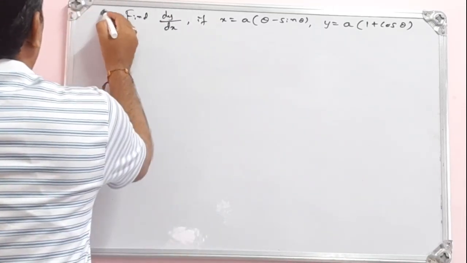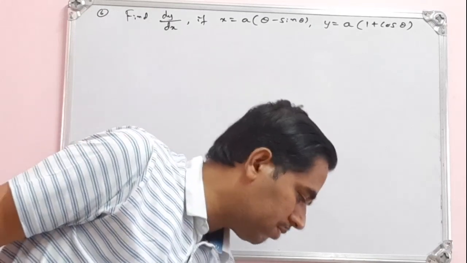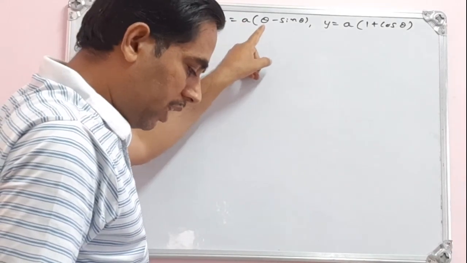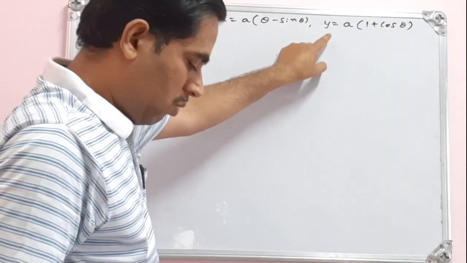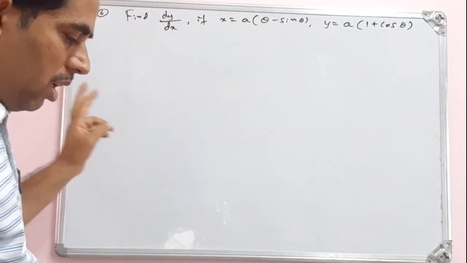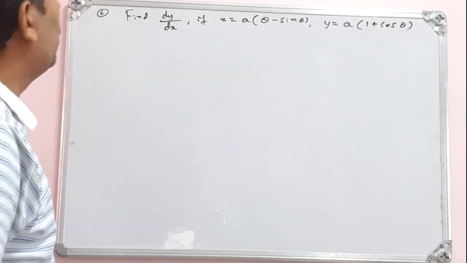This I can call the sixth one. Find dy by dx if x is equal to a into theta minus sin theta, y is equal to a into 1 plus cos theta. So find the derivative.